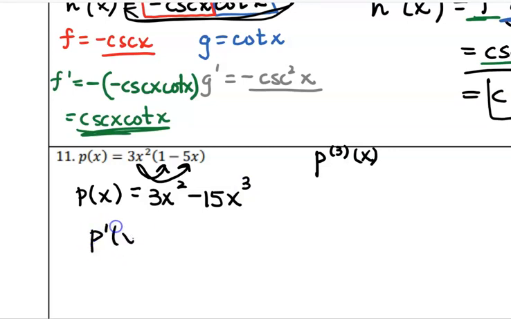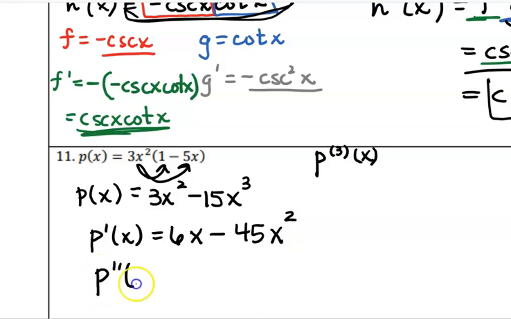So p prime of x, just the first derivative: bring the exponent of 2 down, multiply it with 3 to get 6, and the new exponent on x is now 1. Bring the exponent of 3 down, multiply it with the 15 to get 45, and the new exponent on x is 2. That's your first derivative. For your second derivative, the derivative of x is 1, so the derivative of 6x is just 6.